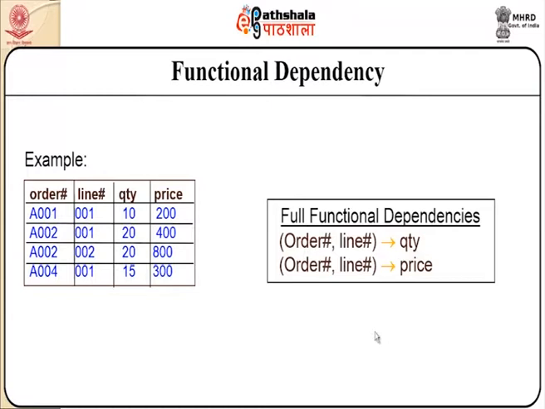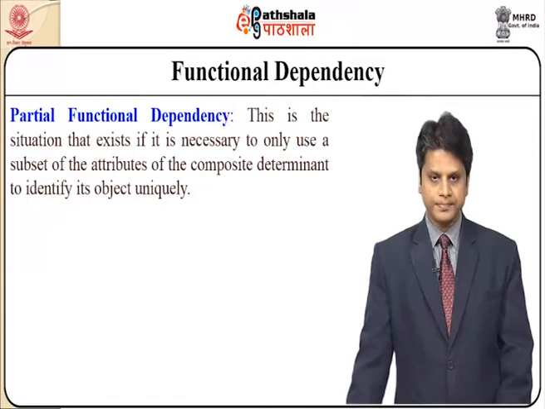In this case, we have hinted that order number and line number purely decide quantity and price. Since it is a compound determinant, these relations are to be read as quantity is fully functionally dependent on order number and line number. Price is fully functionally dependent on order number and line number.